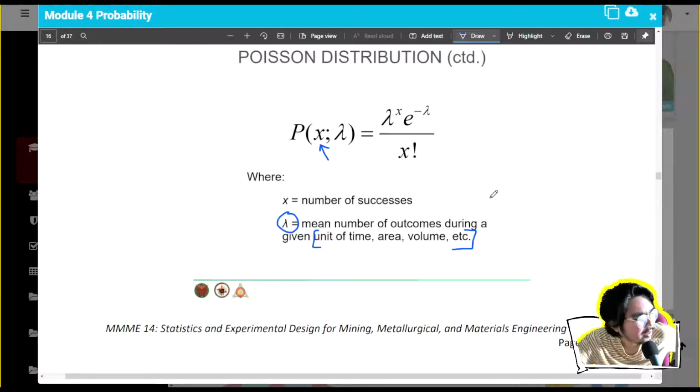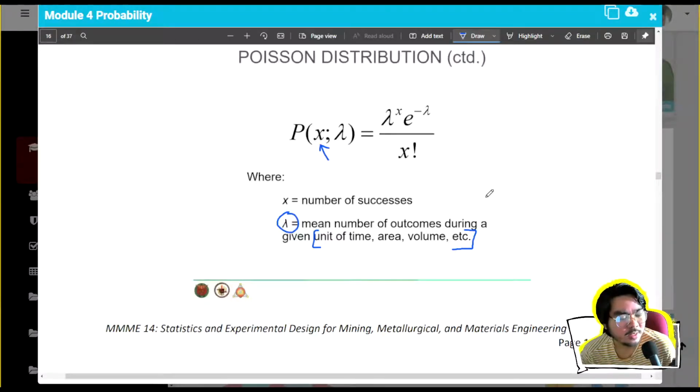So ano bang mga examples ito? Like for example, if you want to take ilan yung average na cars na dumadaan in a particular hour siguro. So for example, from 8 to 10. So that is your period. From 8 to 10, ano yung number of cars na nakikita mo.